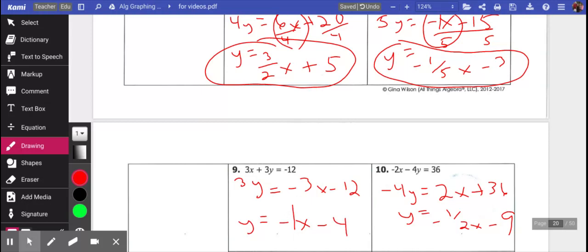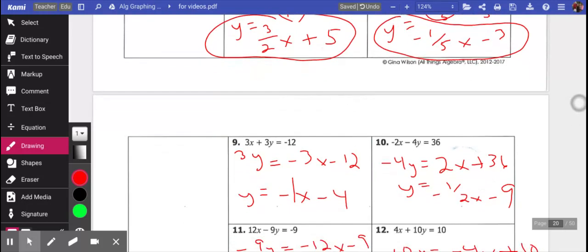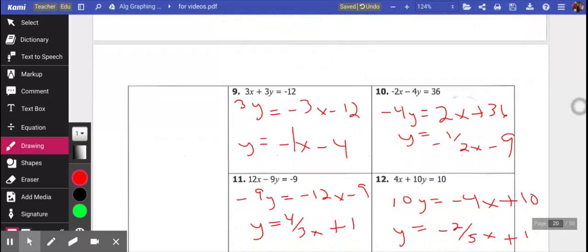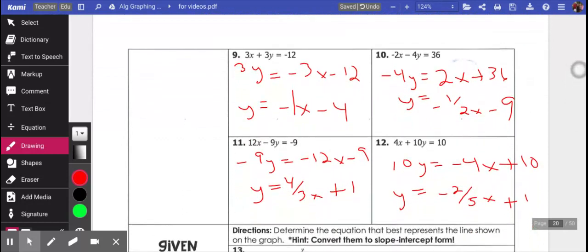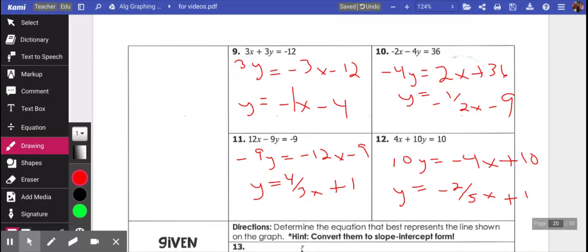You just might see it a lot without a 1. So if you got these wrong, make sure you pause it and figure out where you went wrong or ask somebody for help or me. And then 11 and 12, 4/10 reduced to 2/5. Same with 12 over 9 reduced to 4 over 3.